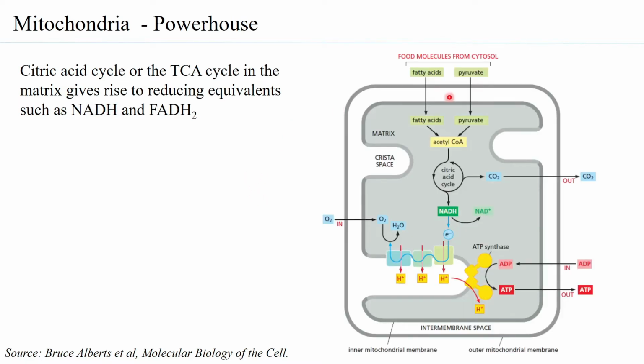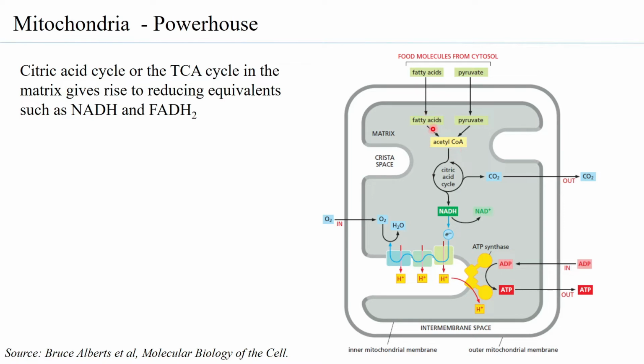So when you look at the mitochondria, you can very well see how from the cytoplasm, fatty acids and pyruvate can be transported through transporters, and those are then catabolized within the mitochondria to give rise to acetyl CoA.